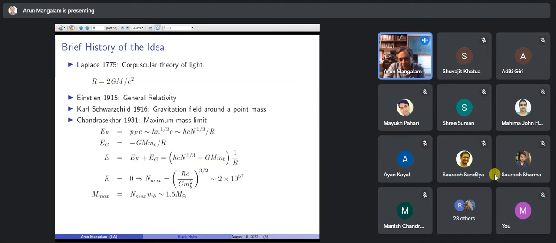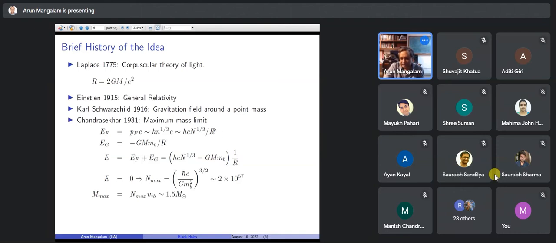If you take a ball of Fermi gas and estimate the Fermi energy, that is p_F c per particle for a relativistic gas, where pc is the energy per particle, then you can estimate the length scale. h/x would be the momentum, so x is written as n to the minus one third, where n is the number density of the particles. And from there, the number density is the number of particles in a sphere of r cubed.